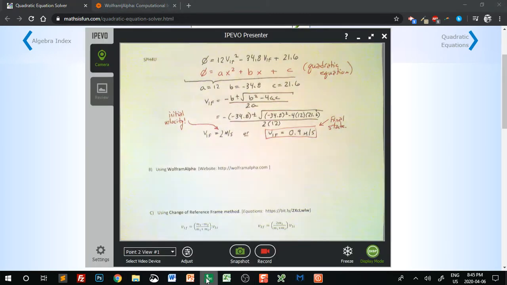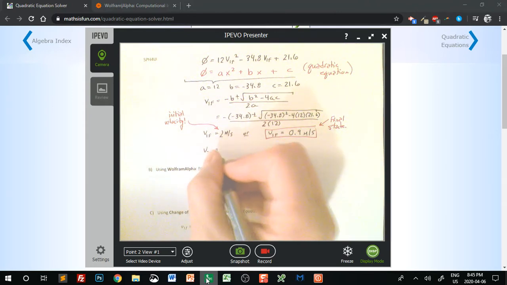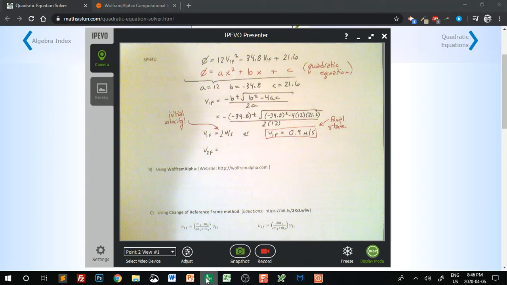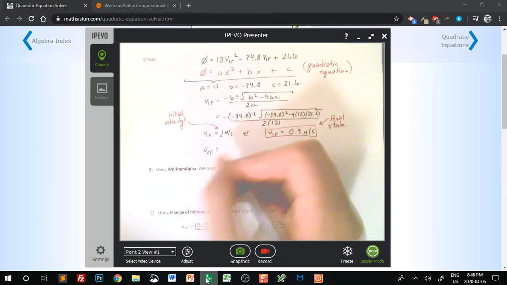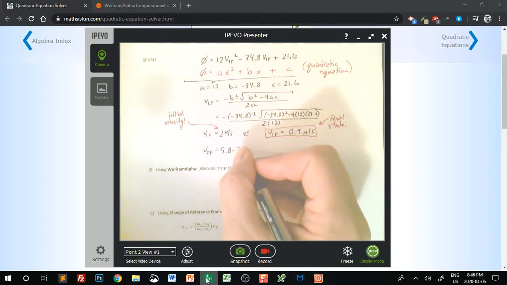Now to solve for your V2F, you just use the equation from the previous page. 5.8 minus 3 V1F.